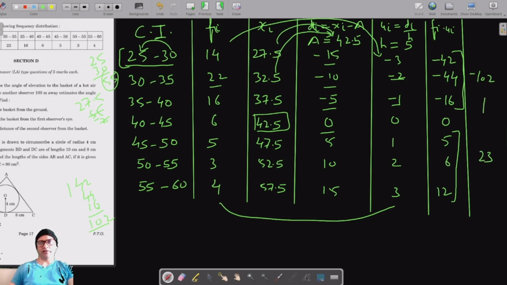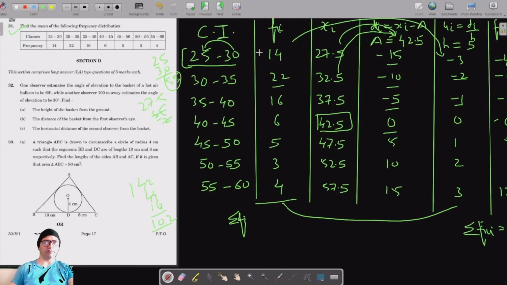And let's add these. So this will give us the summation of this column, sigma fi into ui, which is negative 79. And let's get the summation of the frequency as well.